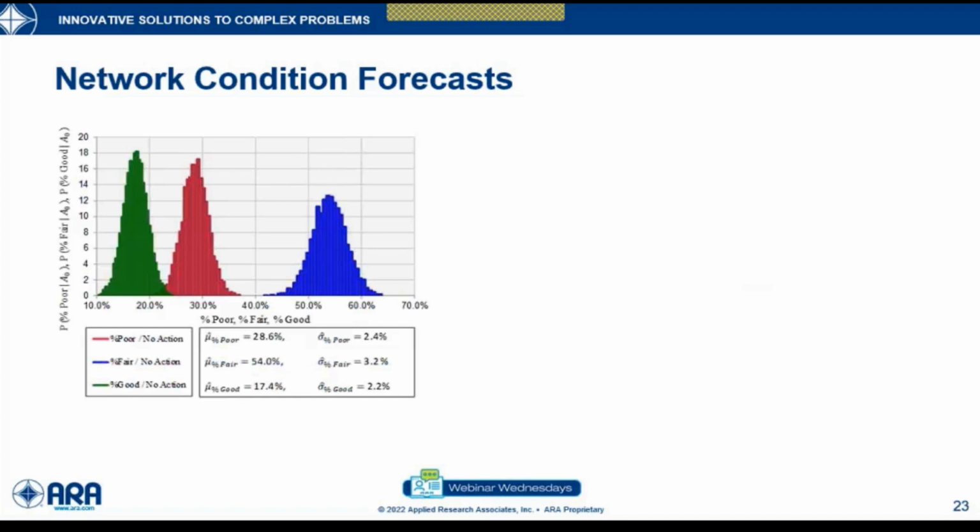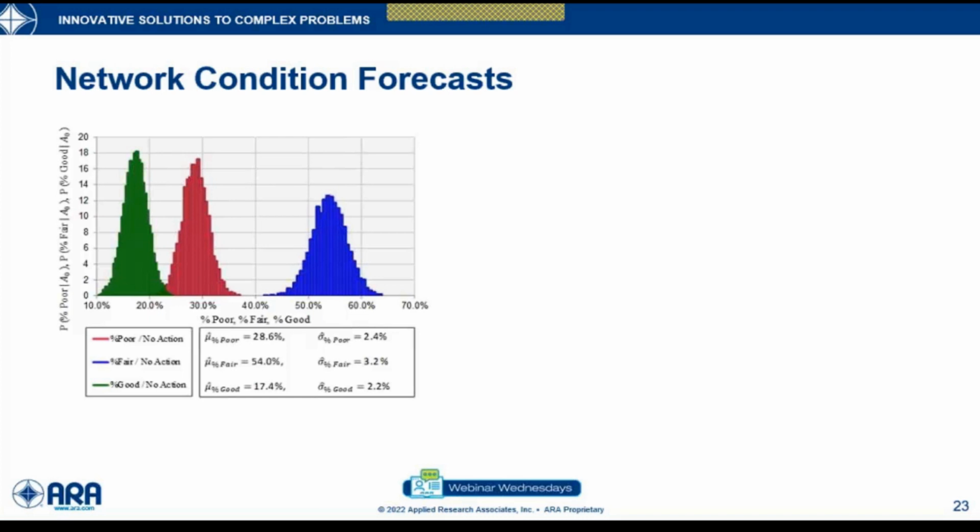Now, once we have that deterioration model for individual assets, let's look at how that would affect the overall network condition. As I mentioned, the idea of propagating models from the asset level to the network level is apparent here. We took our hypothetical network and looked at the network condition after 5 years with no action.